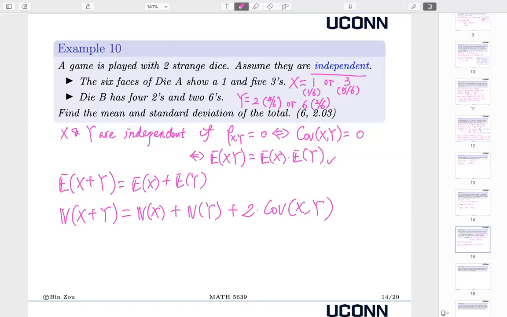The formula for variance is similar to the square of x plus y, so x squared plus y squared plus 2xy. Because they are independent, this covariance part is 0 because of the independence condition. So it's easy to do once you know the variance of x and y.